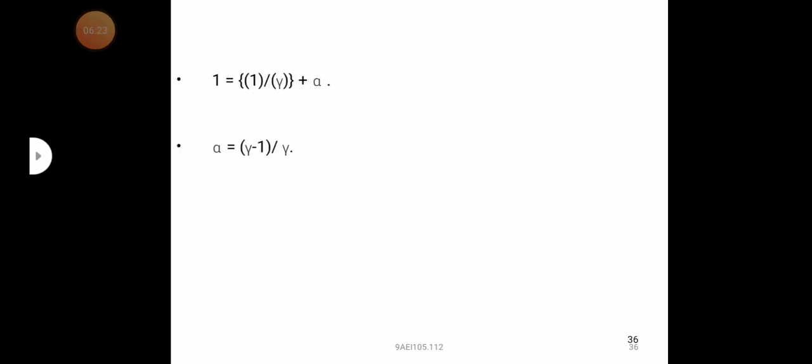Rearranging that, alpha equals gamma minus 1 by gamma. Rearranging again, gamma equals 1 by 1 minus alpha. So by this we can find any of the values alpha, beta or gamma if you know any one current amplification factor.